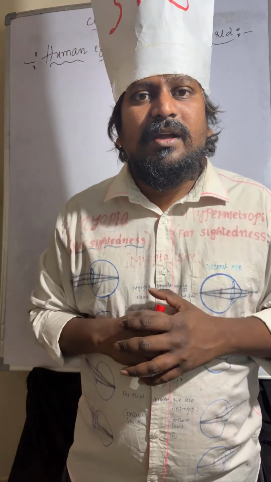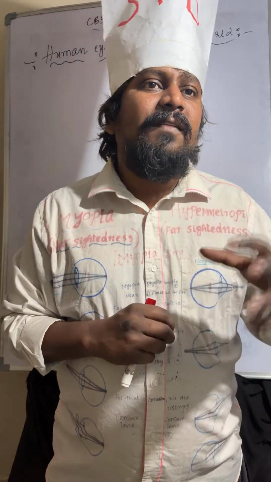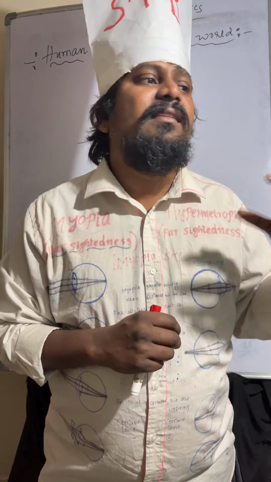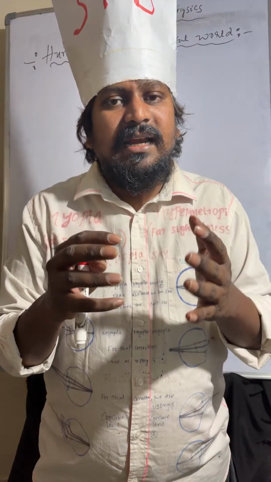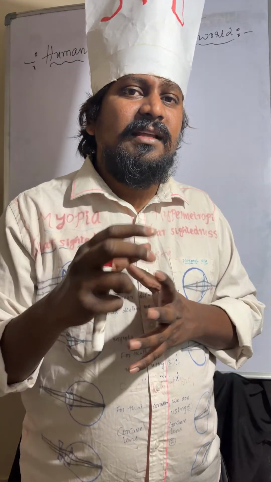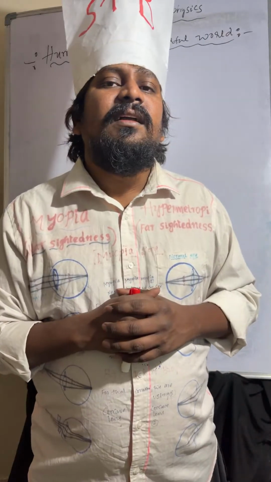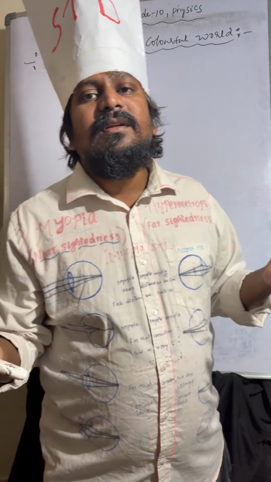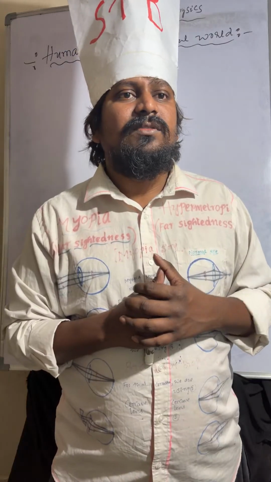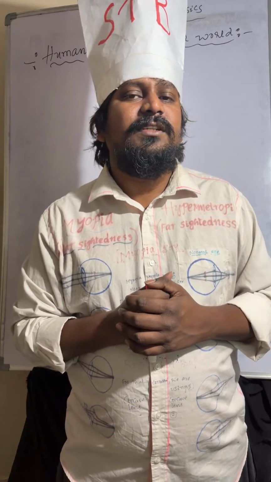We know that. Here, if the light rays are not refracted by the lens properly, then those light rays will not meet at the retina. Then what happens? A defect will arise, and the person can't see the object.